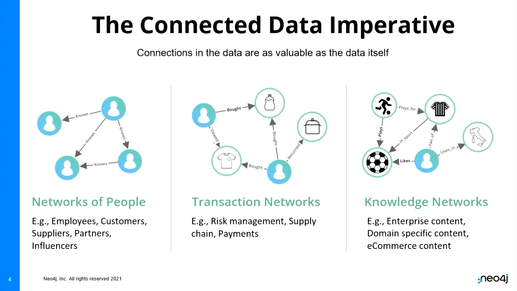There's a lot of connected information flowing between banks and consumers and products. All of that is digital data. And then knowledge networks, so knowledge graphs, being able to make sure that the right content or the right domain-specific information is getting to the right person, supporting your e-commerce platform. So knowledge networks are examples of the need for connected data.